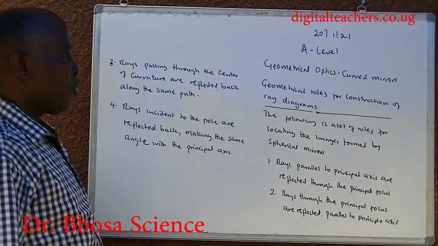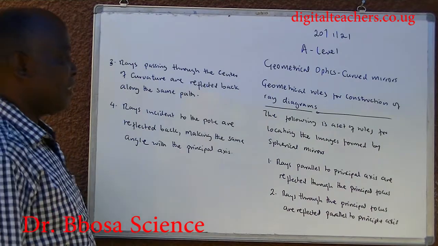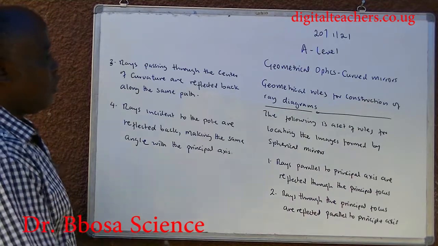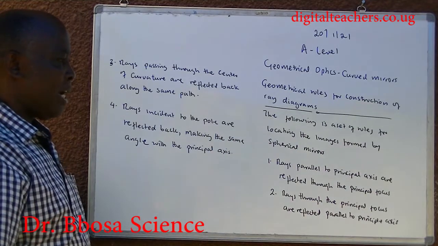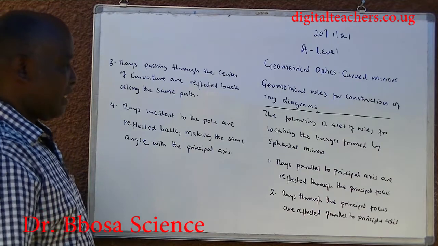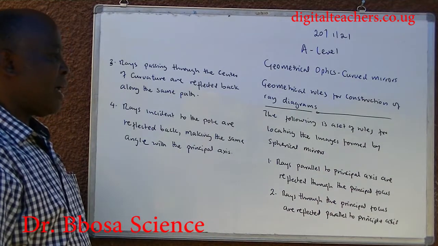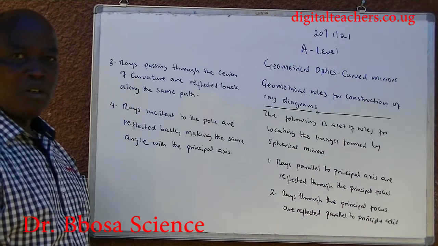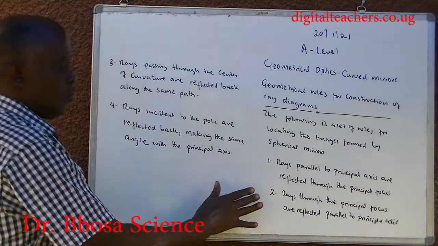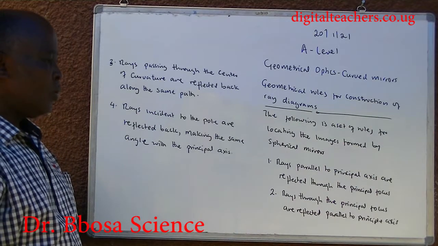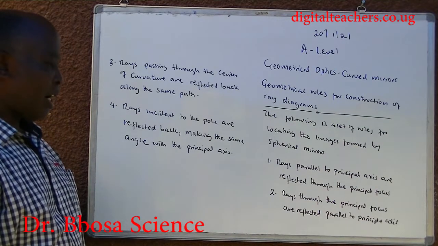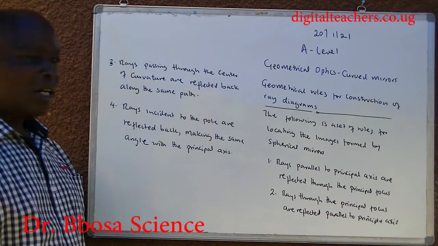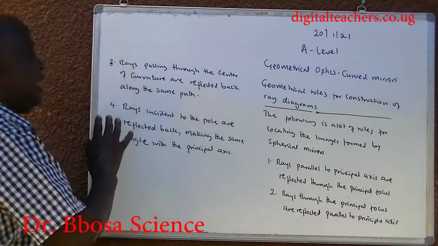Geometrical rules for construction of ray diagrams. The following is a set of rules for locating images formed by spherical mirrors. 1. Rays parallel to the principal axis are reflected through the principal focus. 2. Rays through the principal focus are reflected parallel to the principal axis. 3.